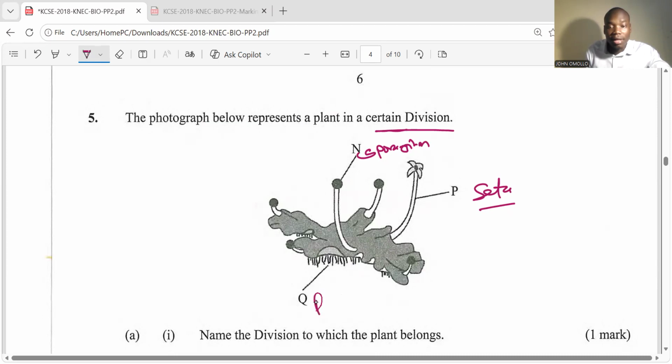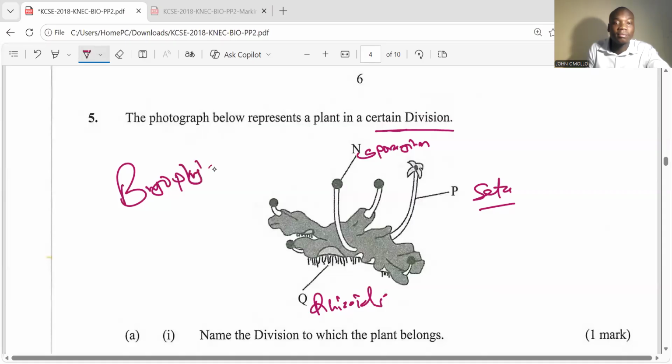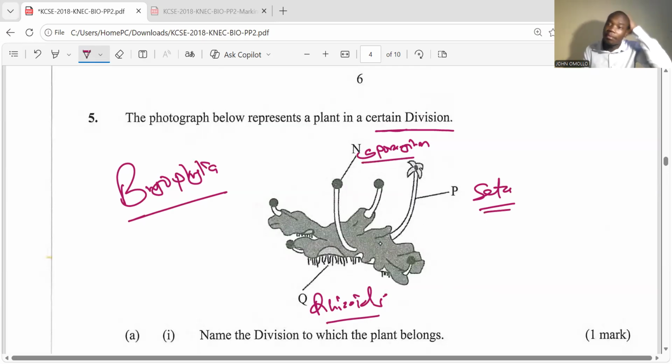These are the rhizoids. So this particular plant belongs to the division Bryophyta. They have rhizoids, so they don't have the true leaf, stem, or roots that we know.